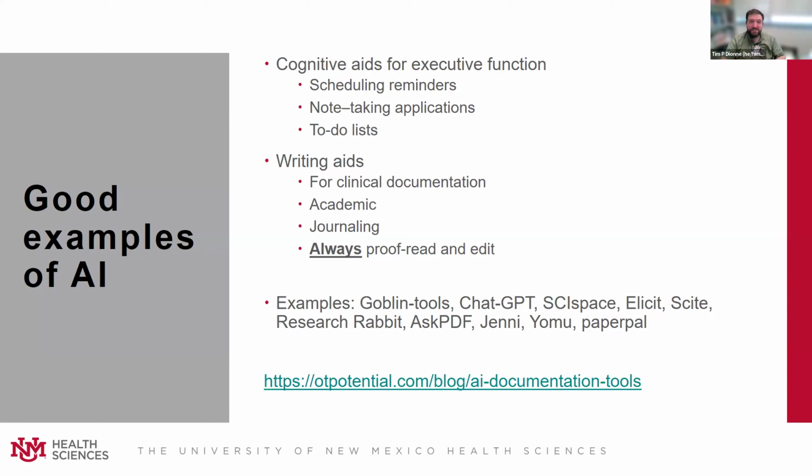Sometimes it can be really helpful and sometimes not so much, so being able to understand the potential pitfalls is really important. Academic, I already kind of talked about that. Journaling, there's some great AI journaling that can be a mental health tool to help organize your thoughts, to help students with different aspects.